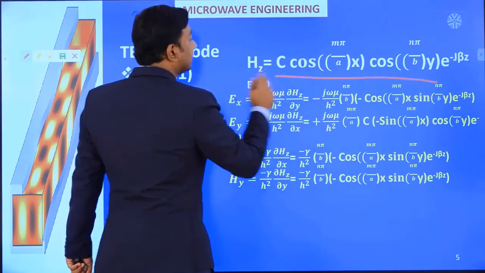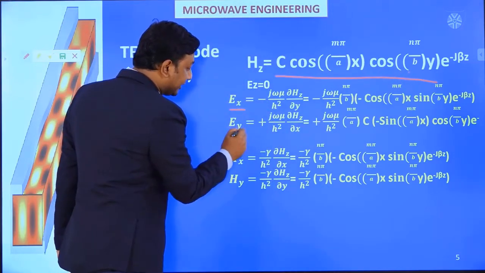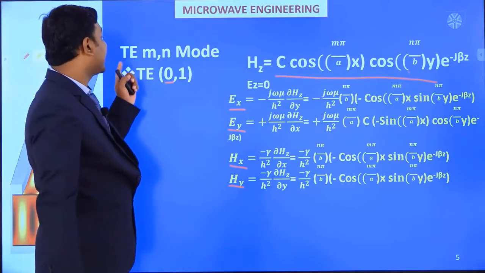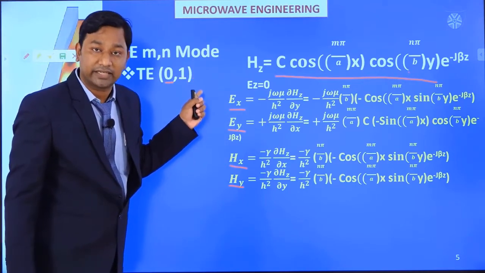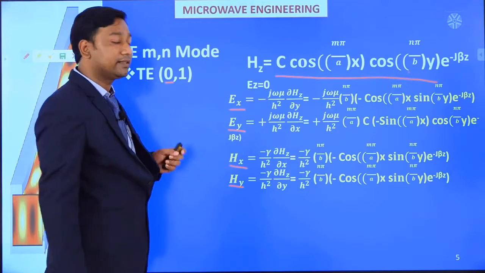With n equal to 1, this part will also have some value. So the Hz field exists. Similarly, the Ex, Ey, Hx and Hy fields also exist. So in the transverse magnetic case, we have seen that the 0, 1 case does not exist, but in the transverse electric case, the TE01 case exists.